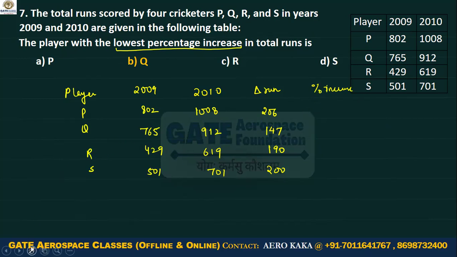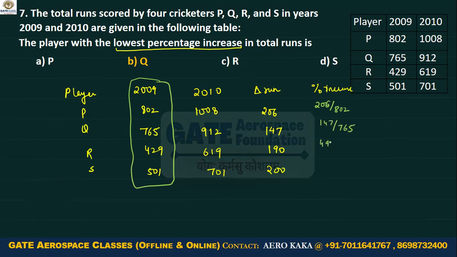So for percentage increase, we have to take a reference, and the reference in this case is going to be the year 2009. So you are supposed to find out the ratios 206 by 802, 147 by 765, 429 by 619, and sorry, I made a mistake over here.